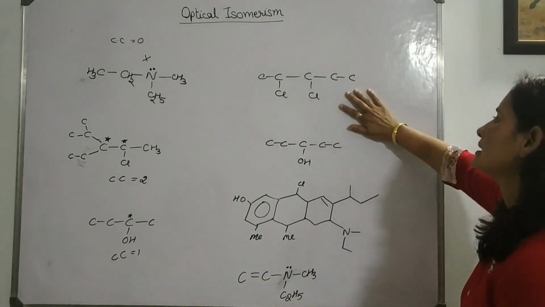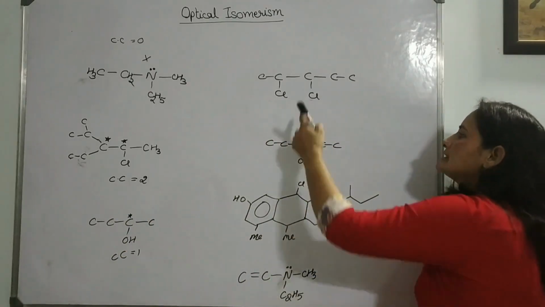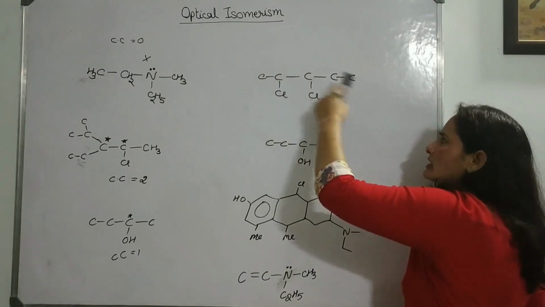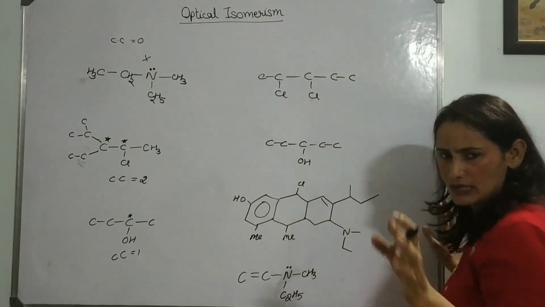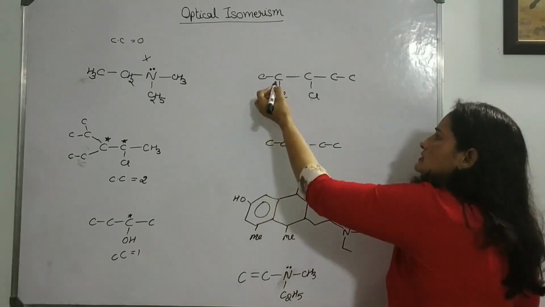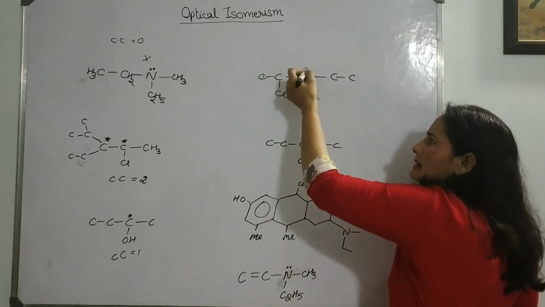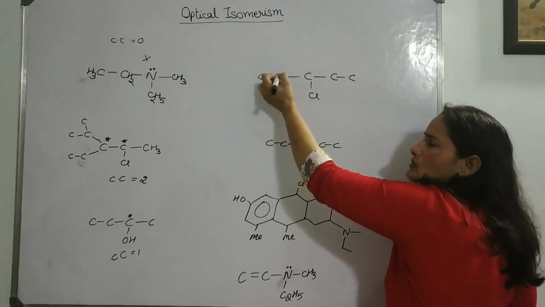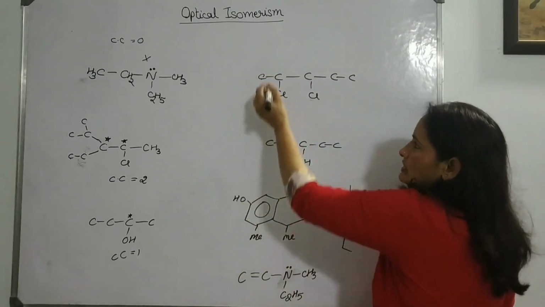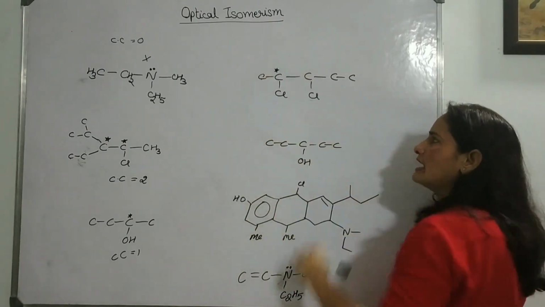Correct? Now in this case, if we check one by one, the corners will not have, because they are having multiple hydrogens. Just go for the second one. This is having one methyl, one side this complete group, one side chloro, and the fourth will be hydrogen. So definitely it is chiral.